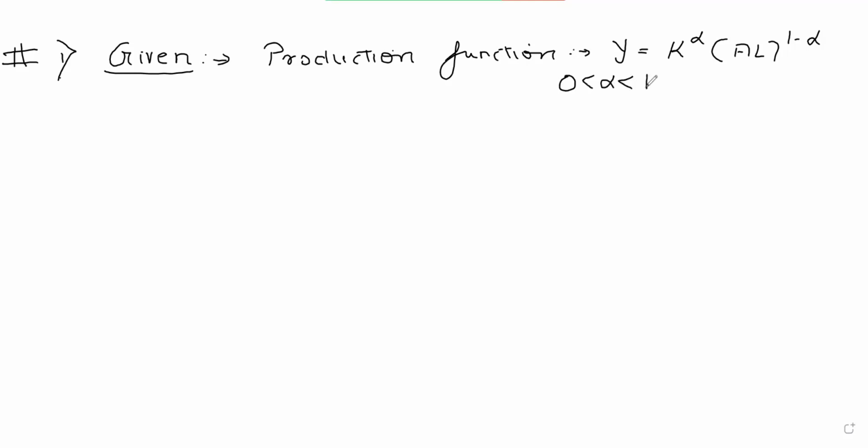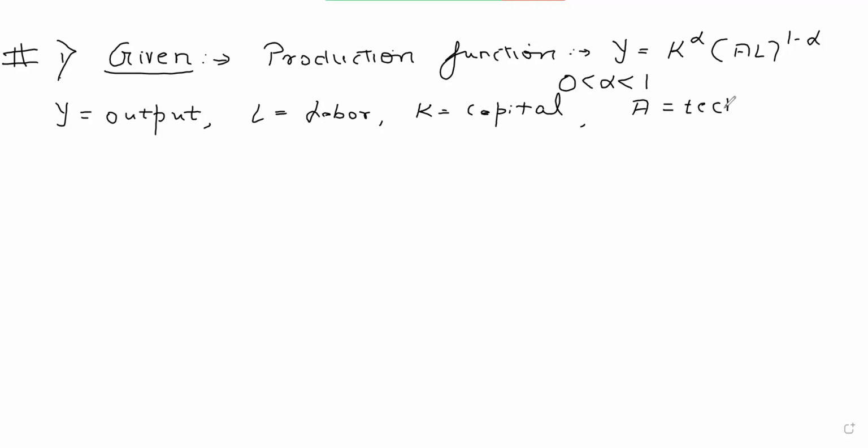Y is the output, L denotes labor, K denotes capital, and A denotes technological progress.